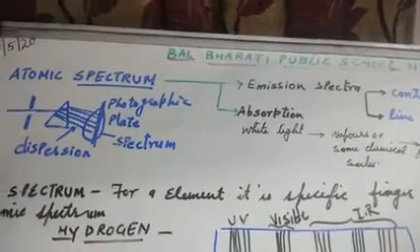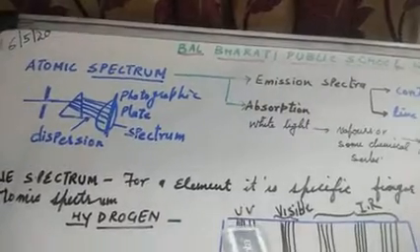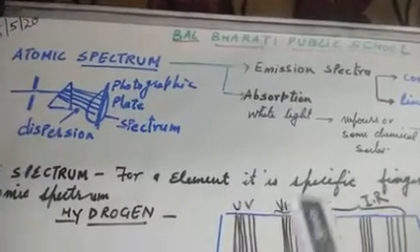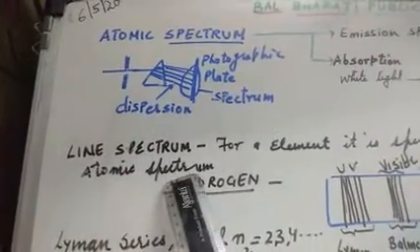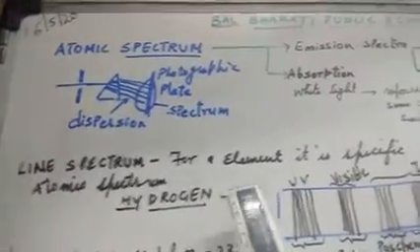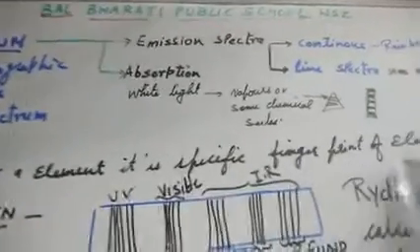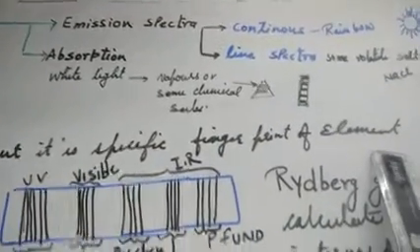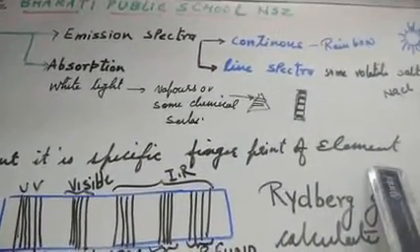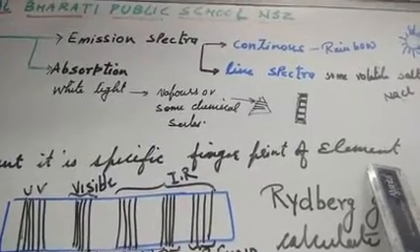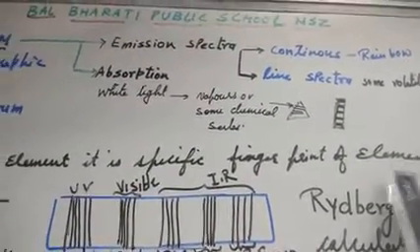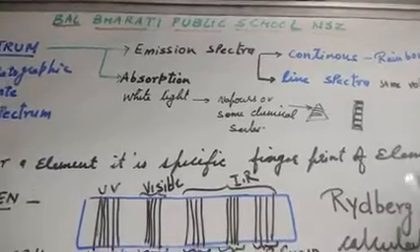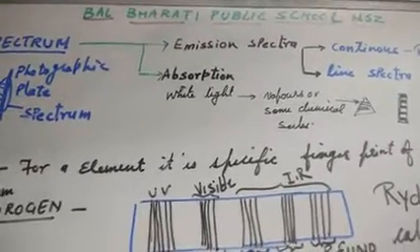So, if we are taking some different element, it will give some different wavelength lights. So, we can say that this line spectrum, which we call as atomic spectrum also, is taken as fingerprint of the element. Like you know, students, no two persons can have the same fingerprint. Similarly, no two elements can have the same line spectrum. All the elements possess different line spectrum.